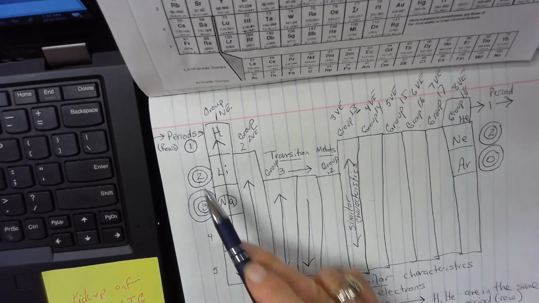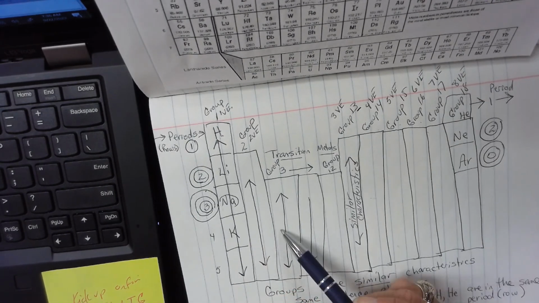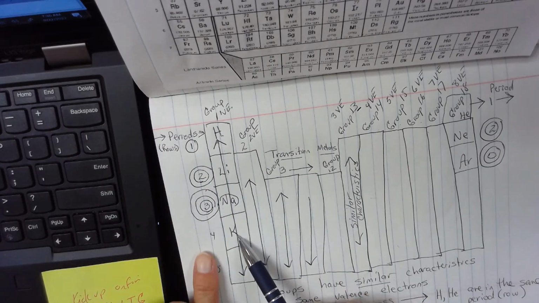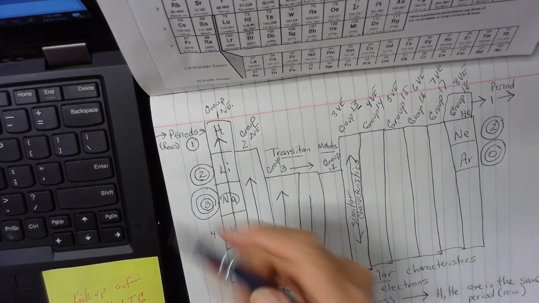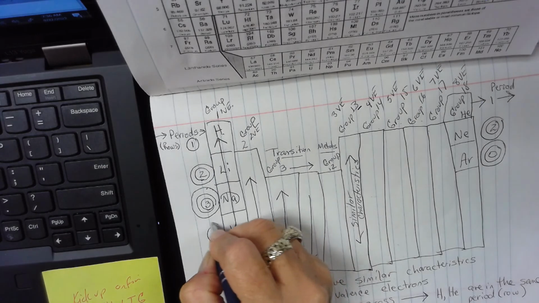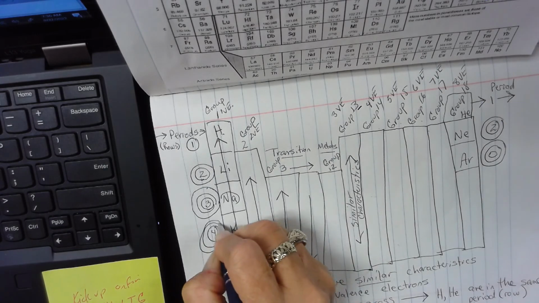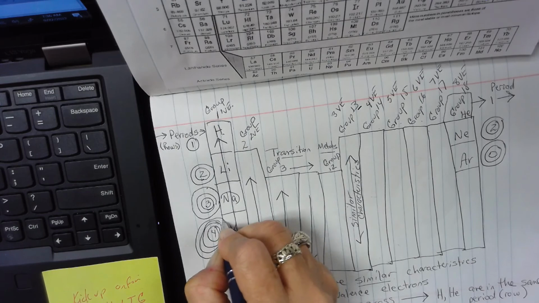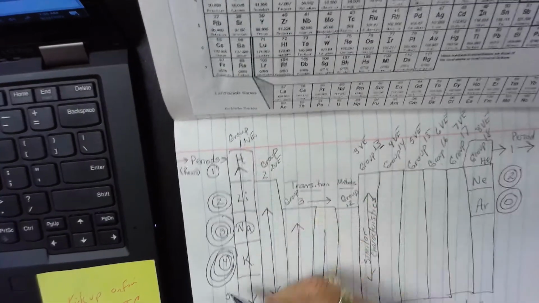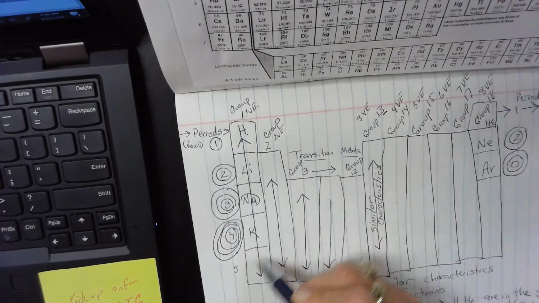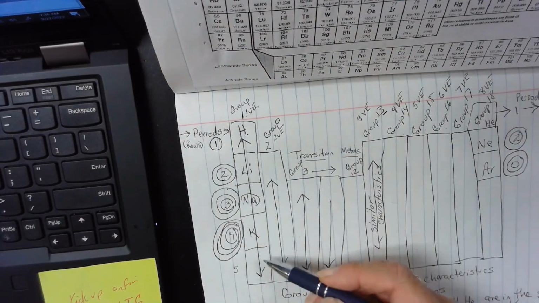So these periods tell us how many orbitals. If you were to have to draw potassium, like my advanced students, what they found was potassium had 1, 2, 3, 4 orbitals, and potassium had 1 electron on the outer ring because it's in group 1.